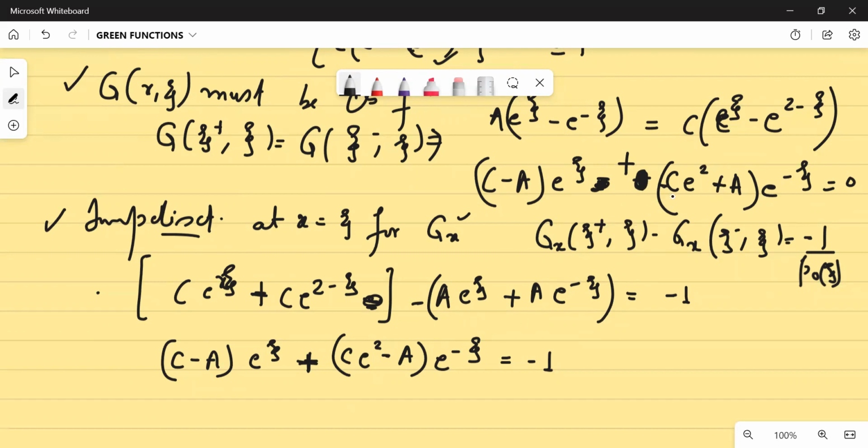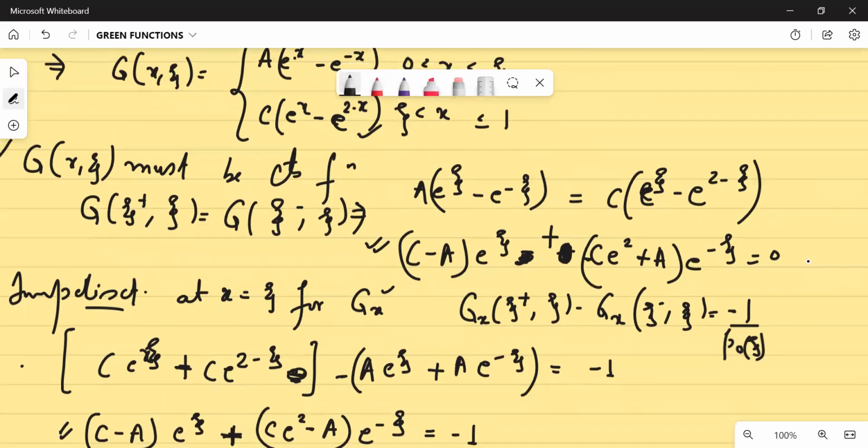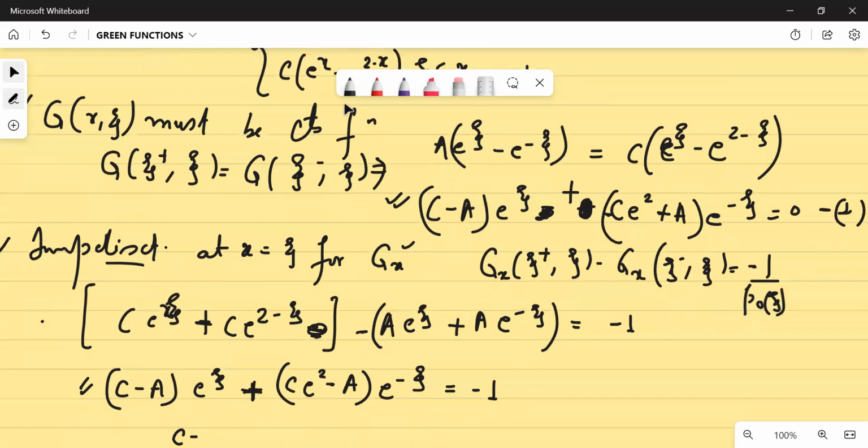Let us combine these two. For example, if we add these two up, what I will get is c. I should number them, so let's give this equation number 1 and this equation number 2.